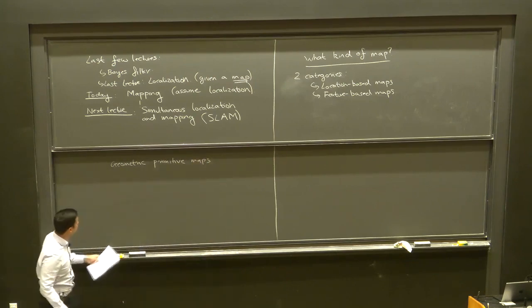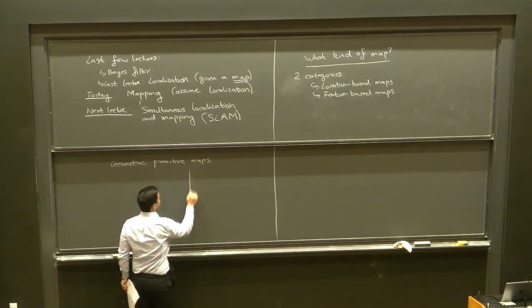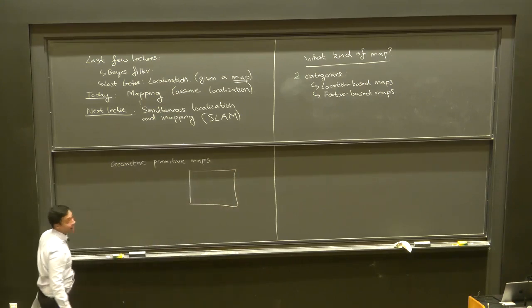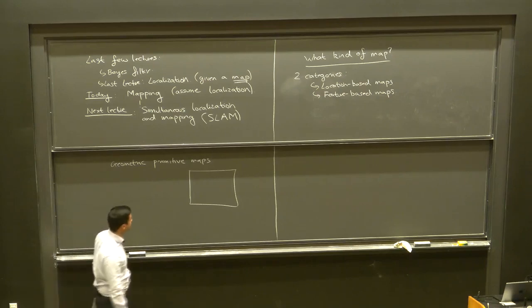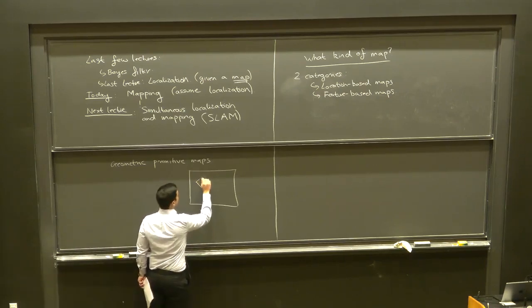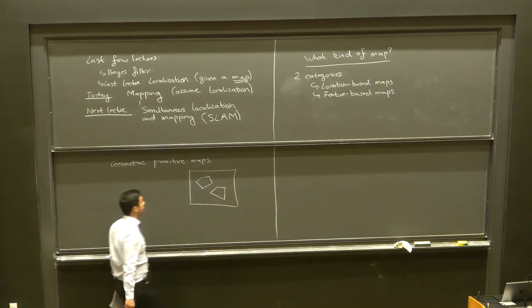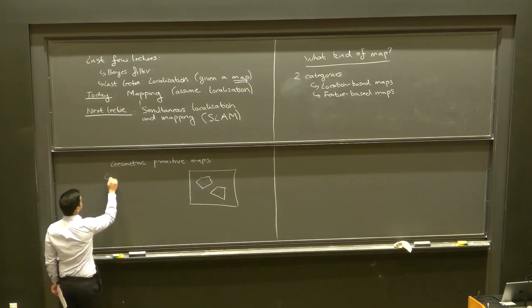And I think it's easiest to understand this with an example. So let's say we're doing mapping in 2 dimensions, so just a planar setup. And our obstacles are represented as polygons, let's say.